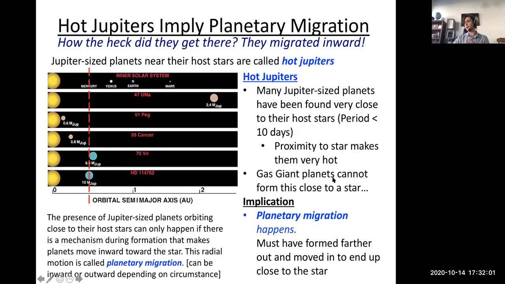So you form a Jupiter out, say, about where Jupiter is, and then through the planetary formation process, that Jupiter-sized planet will naturally migrate inward, decrease its semi-major axis, and move closer to the host star. It's the only way we can end up with hot Jupiters. And the fact that we see so many hot Jupiters out there, that this is a common system that we observe, tells us that planetary migration must be common in the planetary formation process.